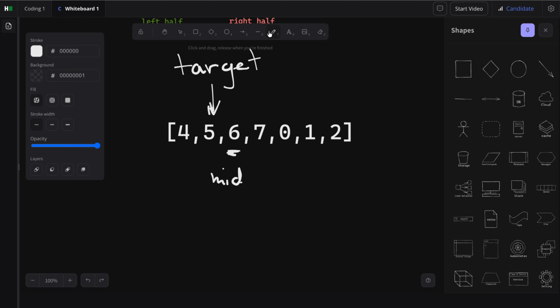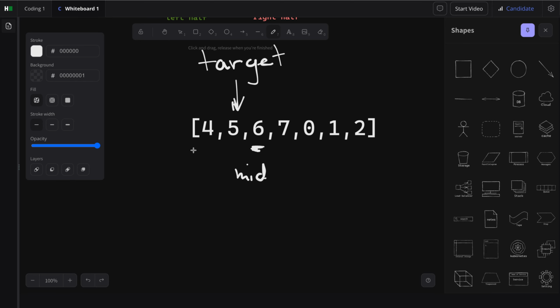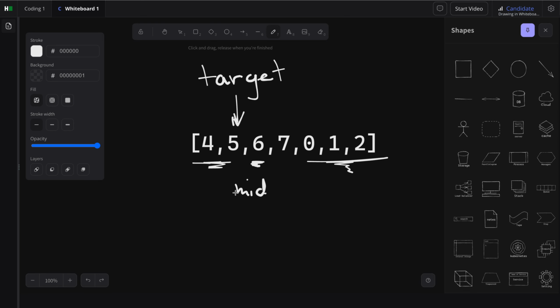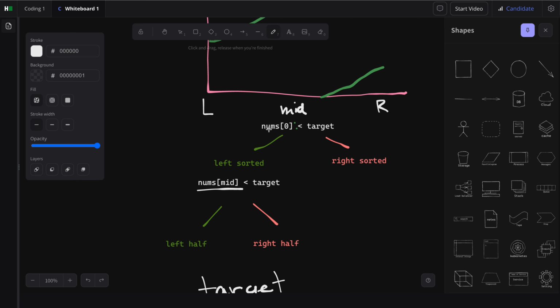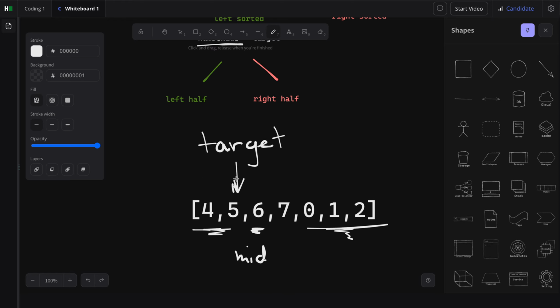And okay, so the way we check whether we should be in here or in here is with this check over here. Because with num_0, we can guarantee at this point that all the values to the right will be greater.